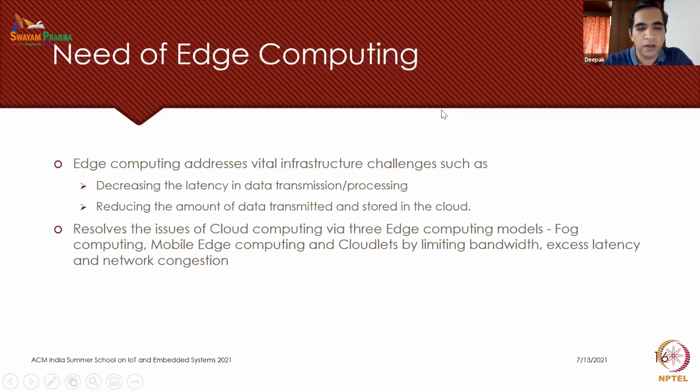So what is the reason we find this need of edge computing? The problems that we saw in the cloud computing model, right? So one of the challenges was latency. So edge computing addresses that problem, as we just saw, by decreasing the latency in transmission.